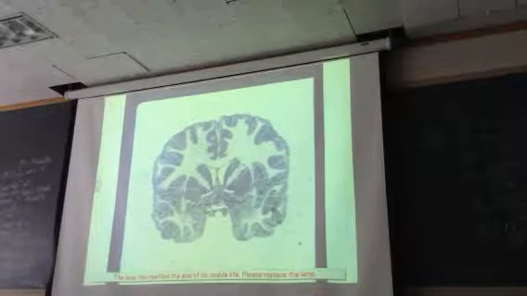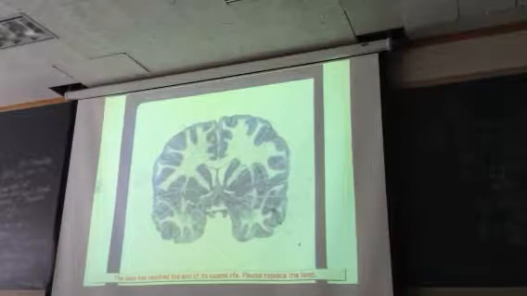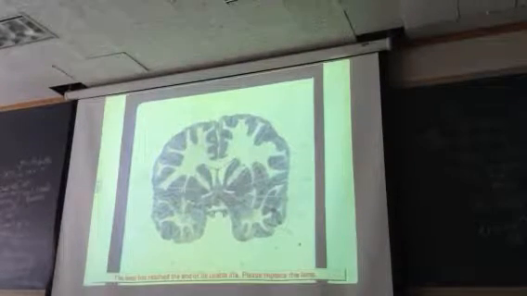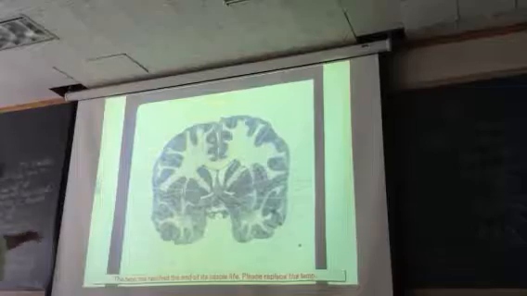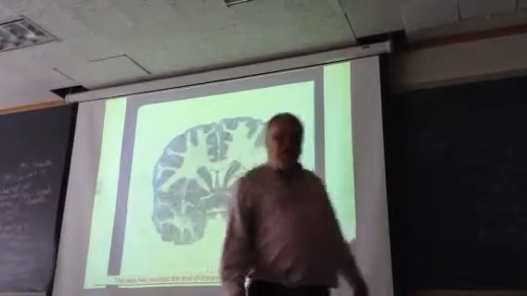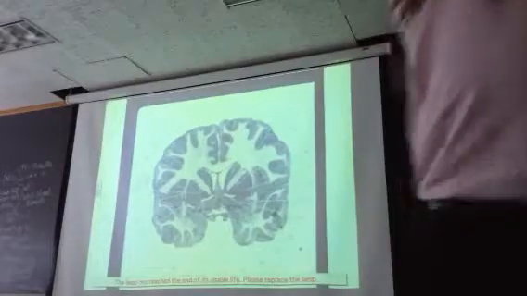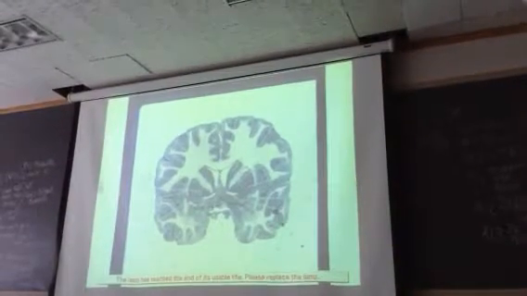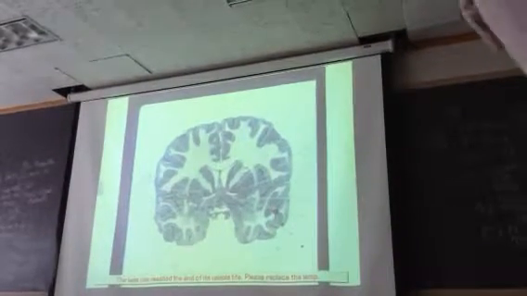The lenticular nucleus, right. You have the putamen and the caudate that are morphologically alike, and we call that the neostriatum.